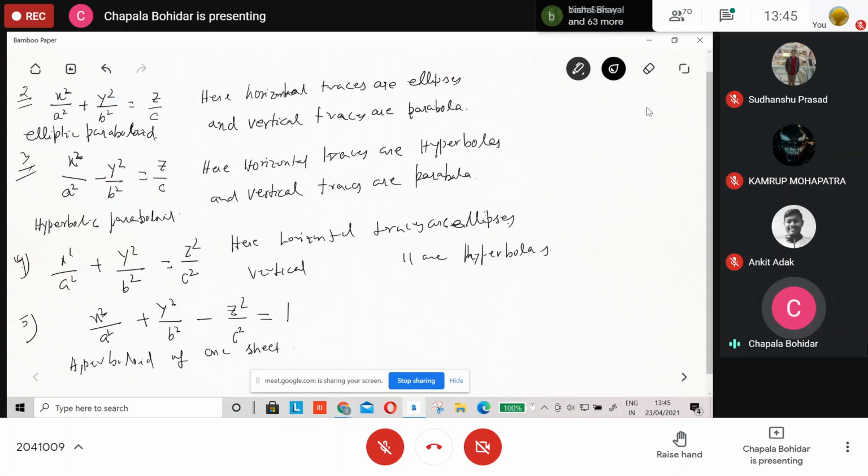Horizontal traces are ellipses. Vertical traces are hyperbolas.